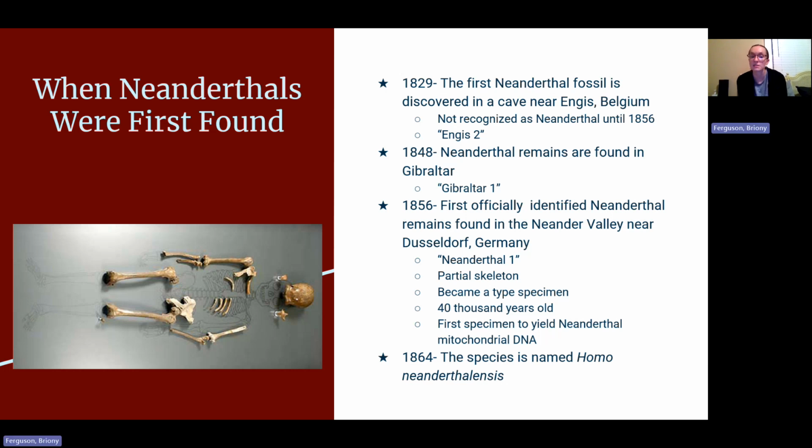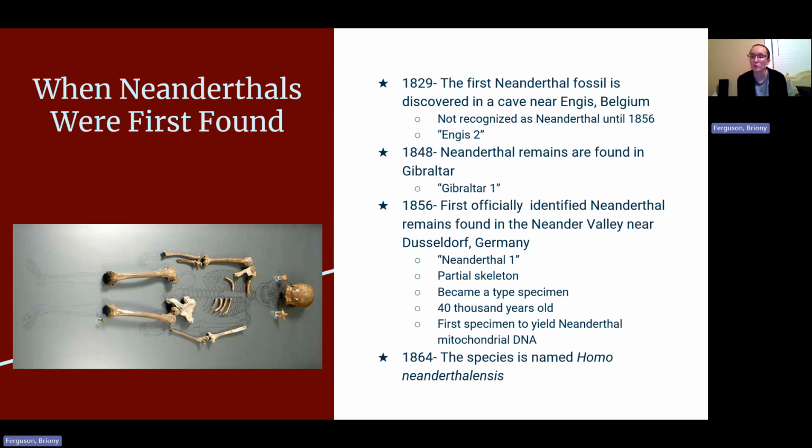So it was the most complete skeleton that had been found at that point, and it became the type specimen for Neanderthals. Radiocarbon dating placed the specimen at about 40,000 years old, and it is the first specimen to also yield Neanderthal mitochondrial DNA.